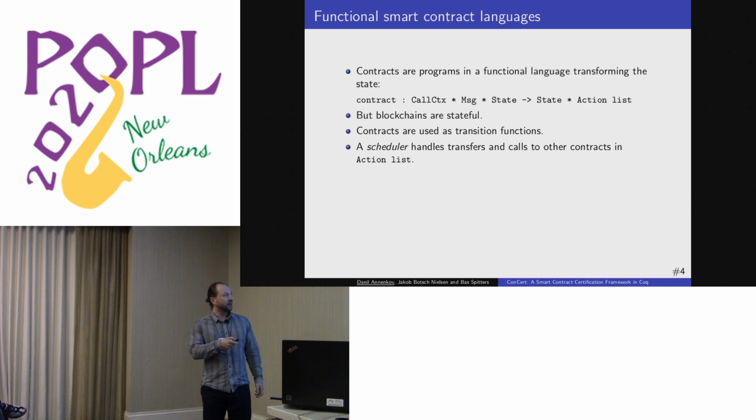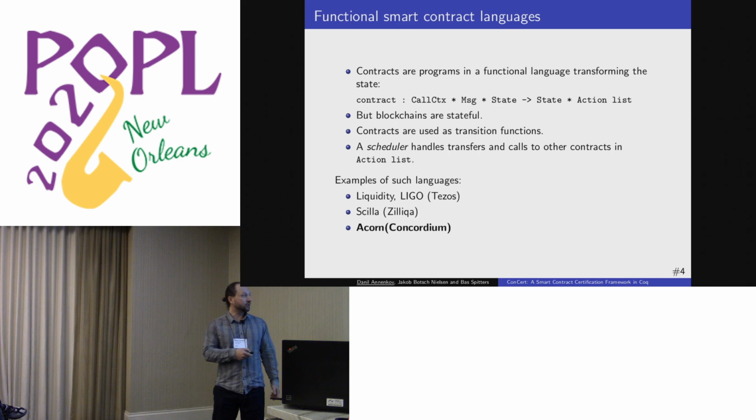The state update after executing this function happens by the scheduler, and the list of actions is also executed in some order by the same piece of software. But I think it's already a good separation of concerns between the contract itself, and the scheduler that takes care of executing the actions and updating the blockchain state.